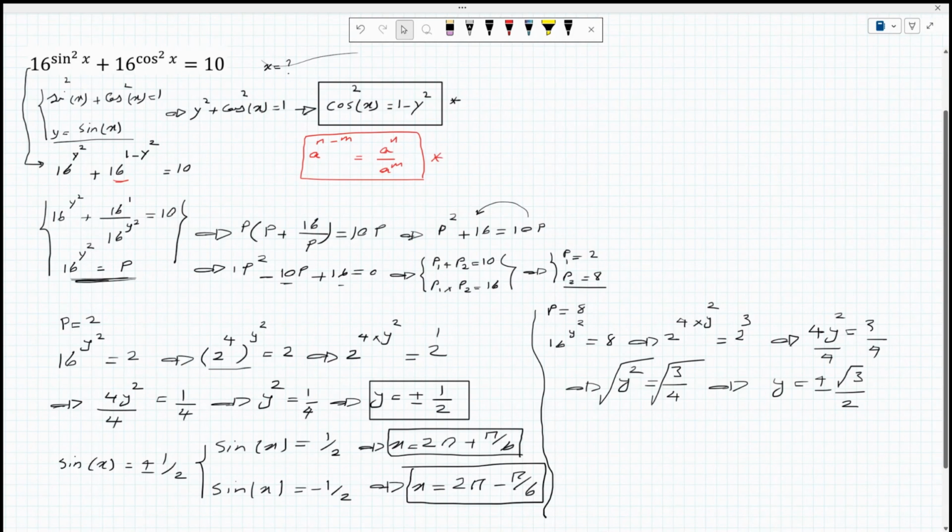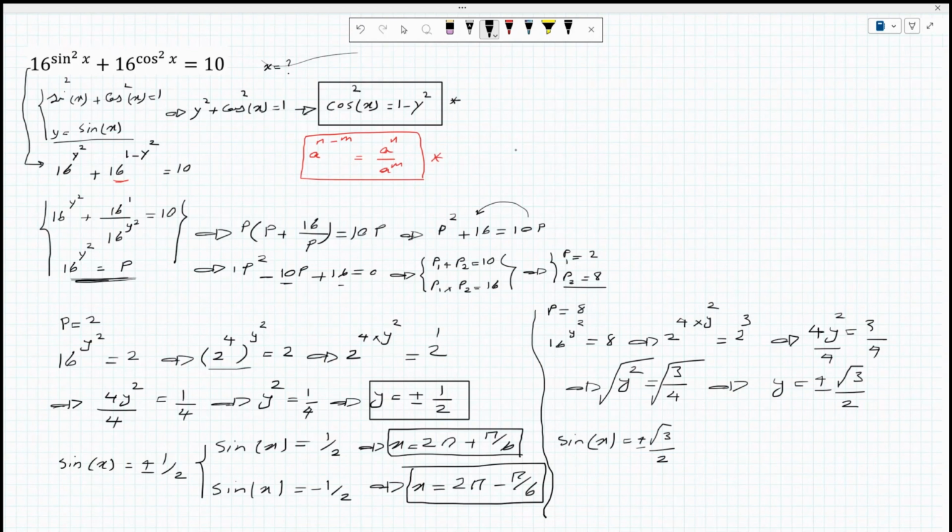Again, we know that y is equal to sin x, so sin x is equal to plus or minus the square root of 3 over 2.